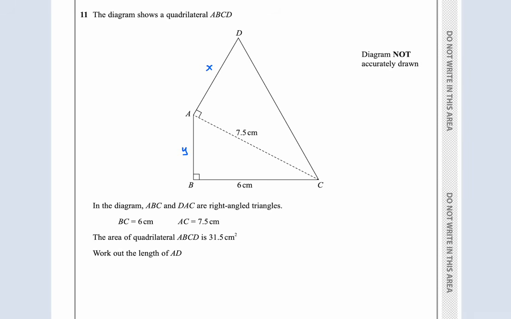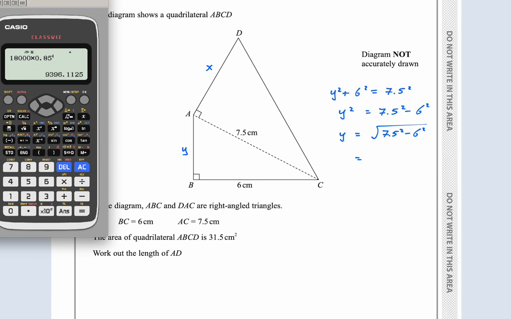Now, I'll do it up here. y squared plus 6 squared equals 7.5 squared. This is Pythagoras' theorem. y squared equals 7.5 squared minus 6 squared. And then y is the square root of 7.5 squared minus 6 squared.